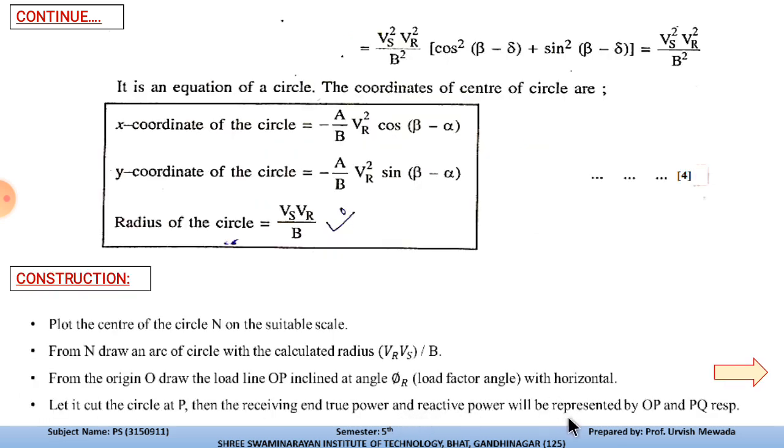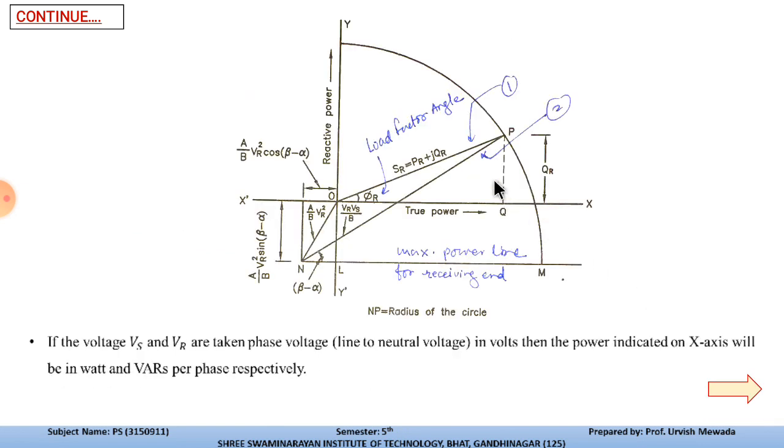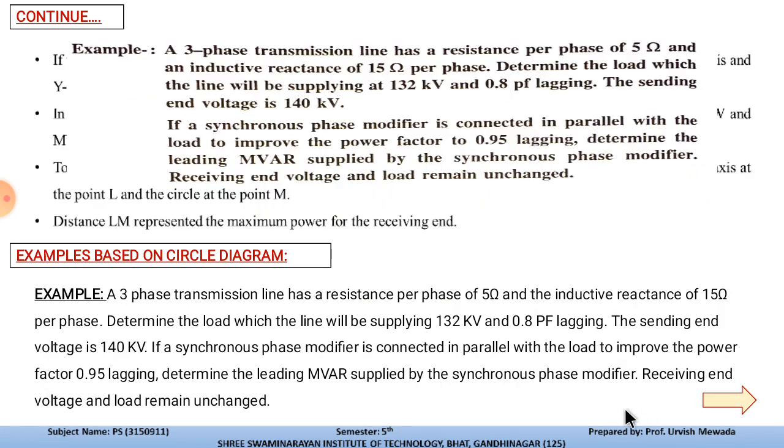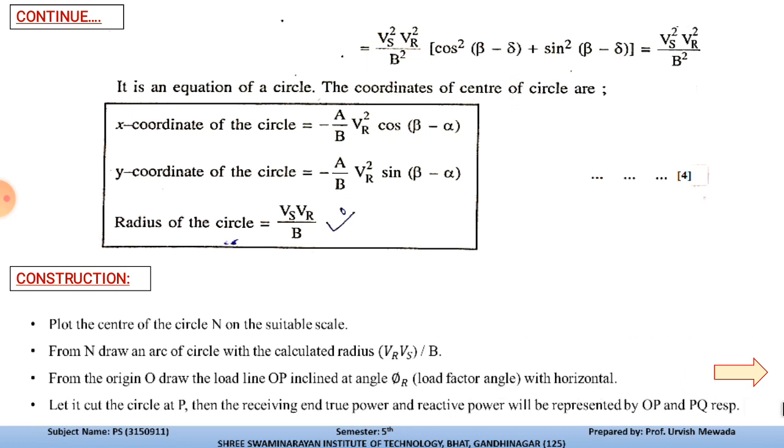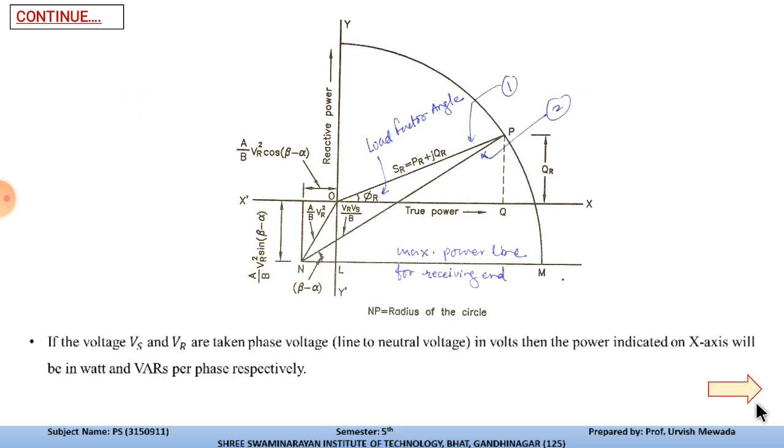OP is the true power, because we have taken the x axis as the true power, and PQ is the reactive power, because this line is parallel to that line. So that's why PQ is the reactive power, and OP is the true or active power of the transmission system.